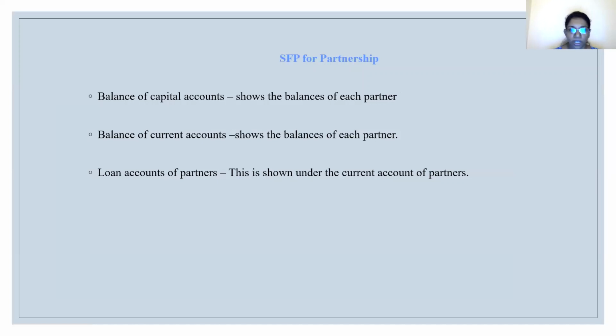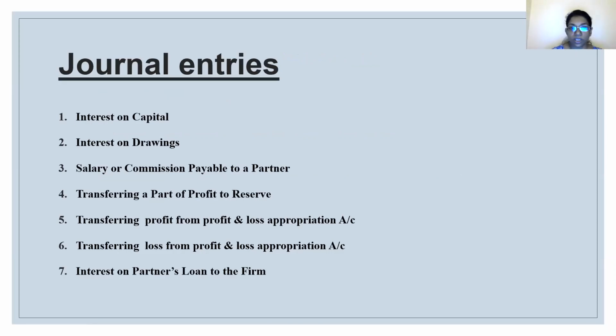It can fluctuate. The loan of the partners is shown under the current account of the partners, and it is an asset to the partner, but in the business, it will be a liability. So the business has to repay this loan back to the partners because they invested it in the form of a loan.